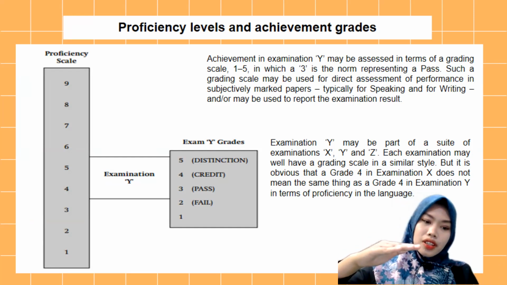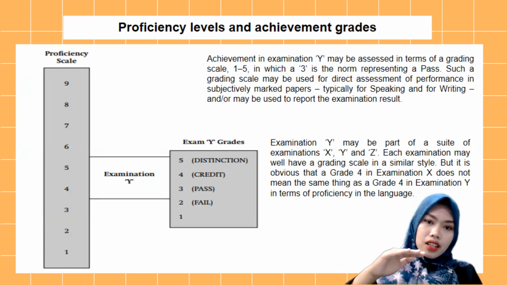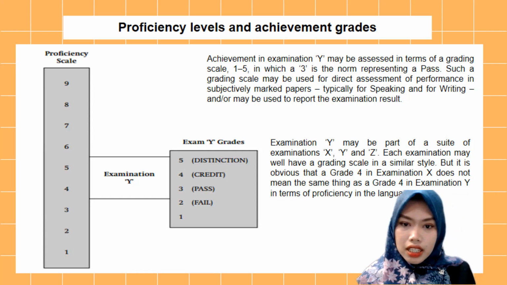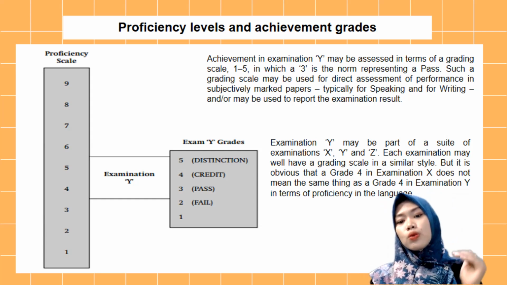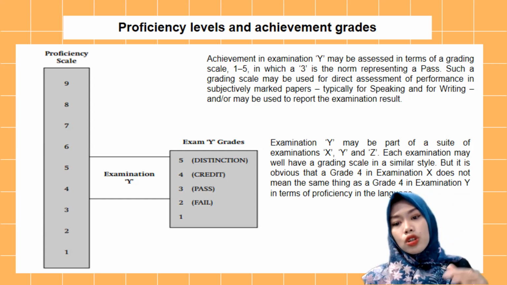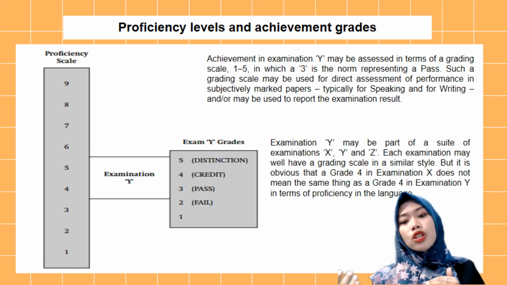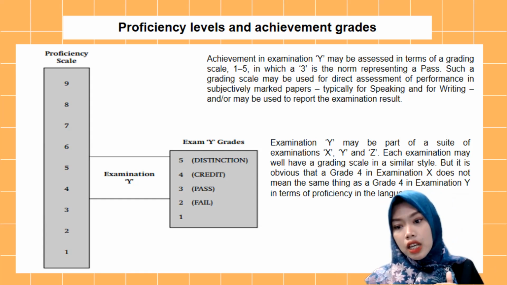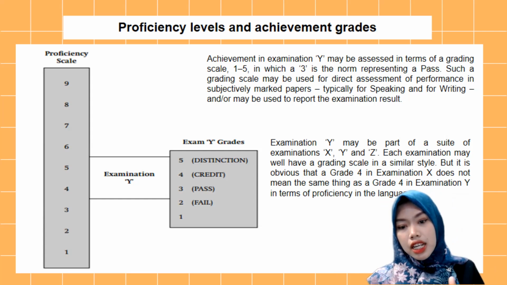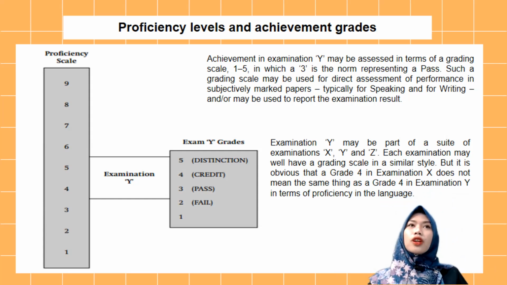So if we are under 3, we cannot pass the achievement examination. Okay, examination Y may be part of a suite of examinations X, Y, and Z. Each examination will have a grading scale in its own style, but a grade 3 in examination X doesn't mean the same thing as a grade 4.